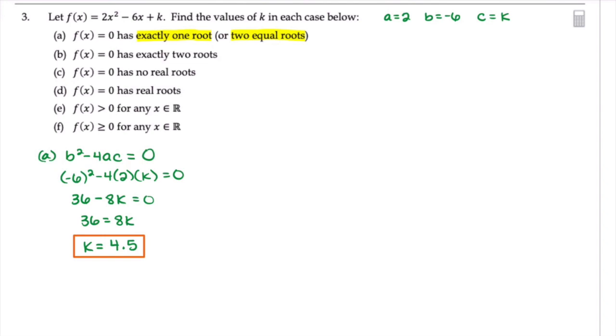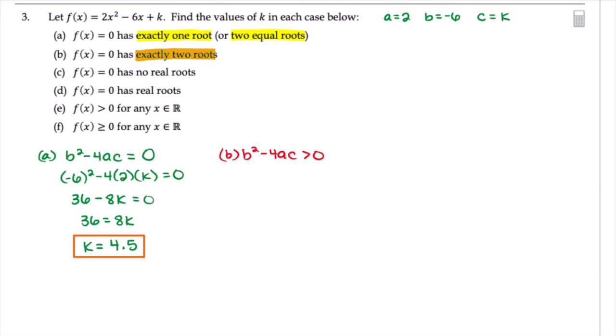Part B, we want to determine if f of x is equal to 0 if we have exactly 2 roots. What does that mean? That means that we have 2 distinct roots, 2 different roots, which means that the discriminant is going to be greater than 0.